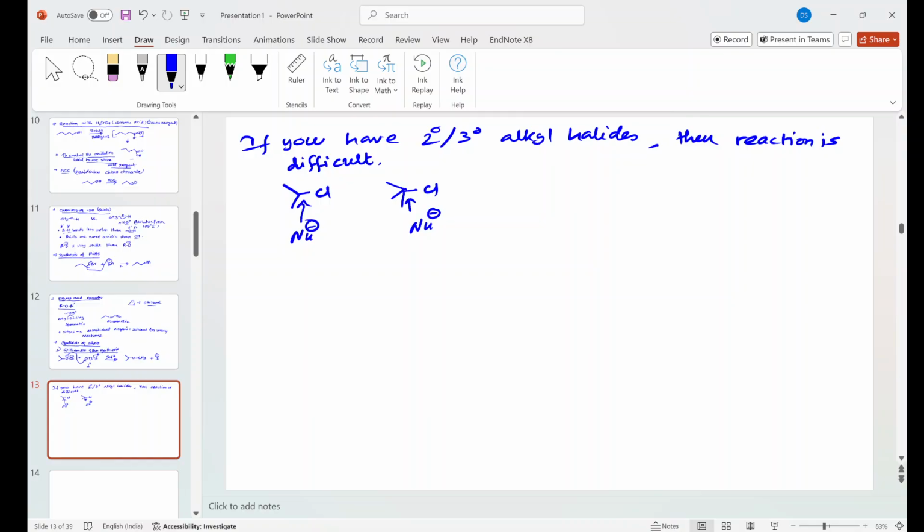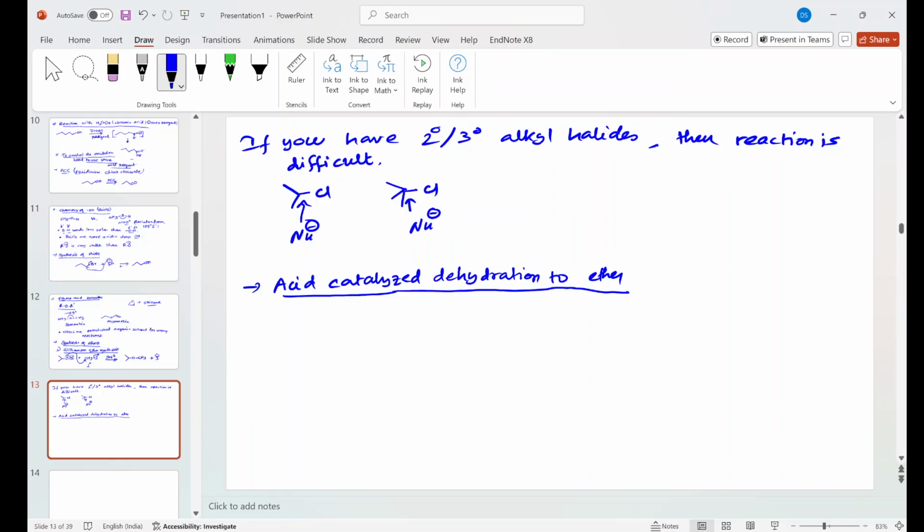So the next reaction will be acid catalyst and dehydration to ether.